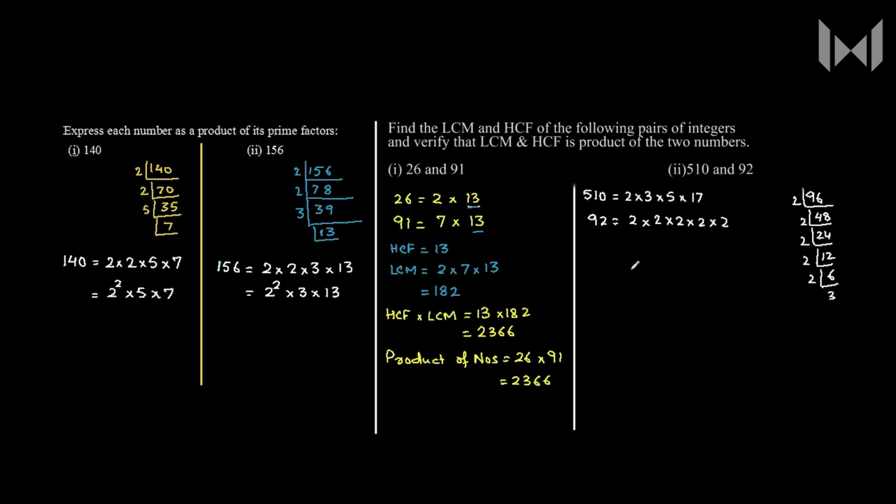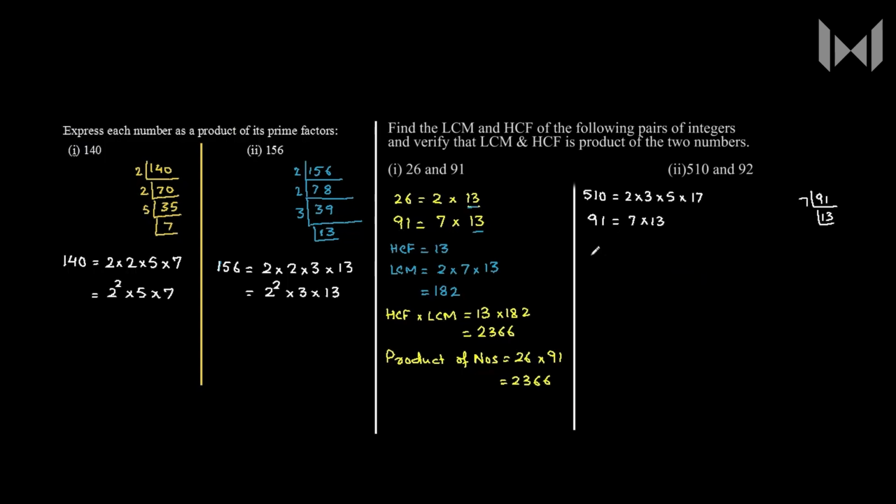I'm sorry, I read it incorrectly. So that makes it far easier to understand. 91 is, so we divide, 91 divided by 7: 7 ones are 7, 7 threes are 21, so it is 7 into 13.